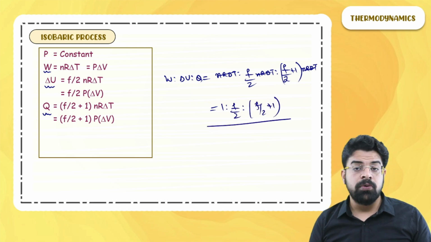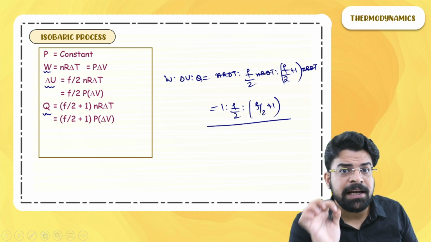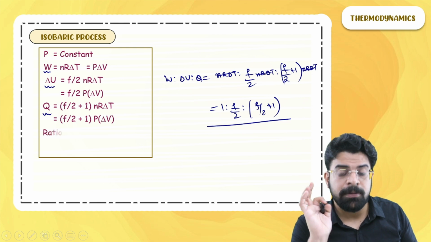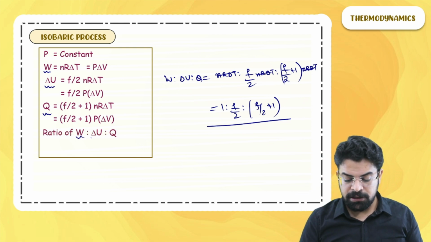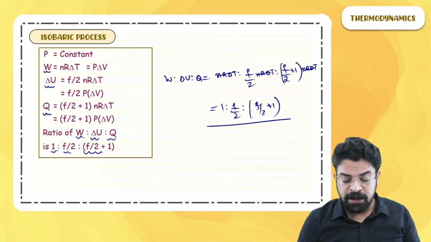This is the ratio of work done to the change in internal energy to the heat given for an isobaric process.